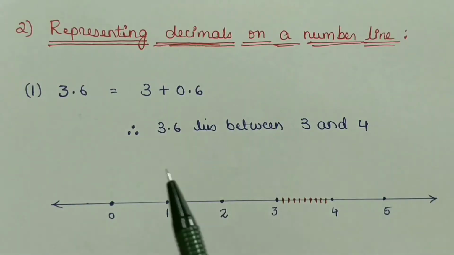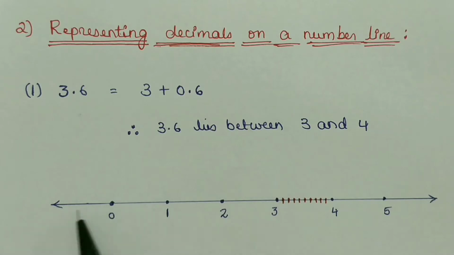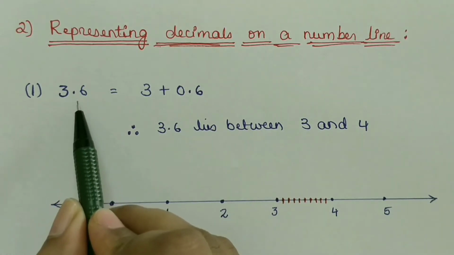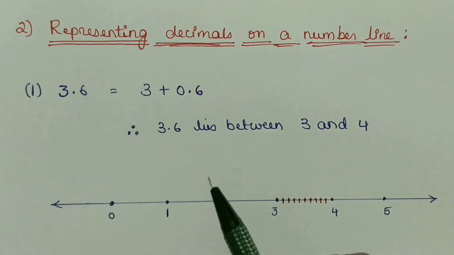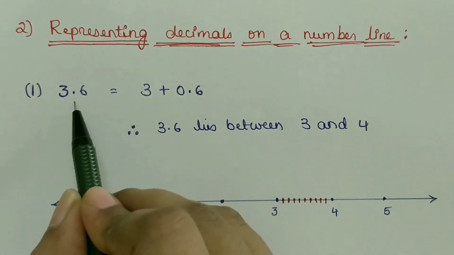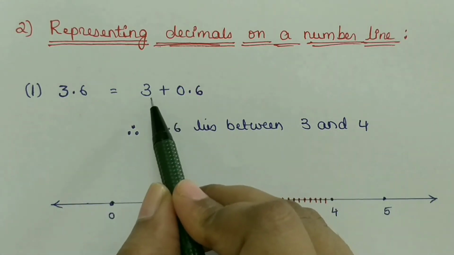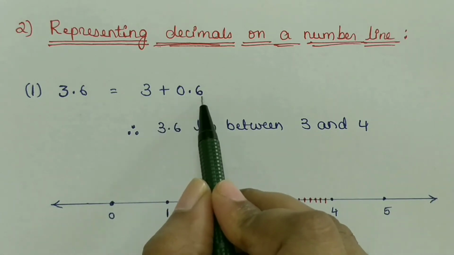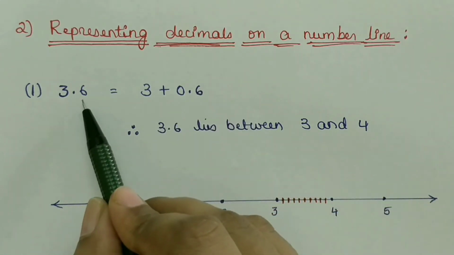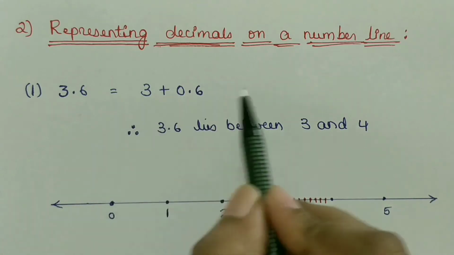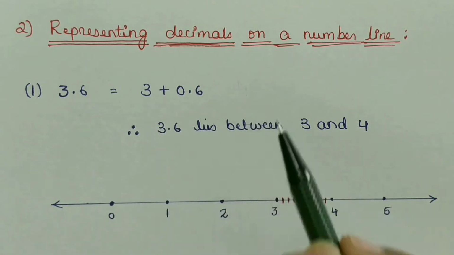Next topic, representation of decimals on a number line. Example 1, represent 3.6 on a number line. 3.6 can be written as 3 plus 0.6. Therefore, 3.6 lies between 3 and 4.